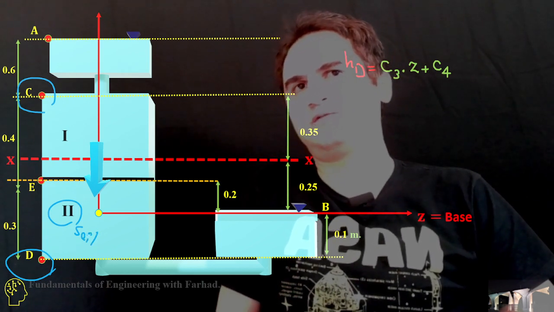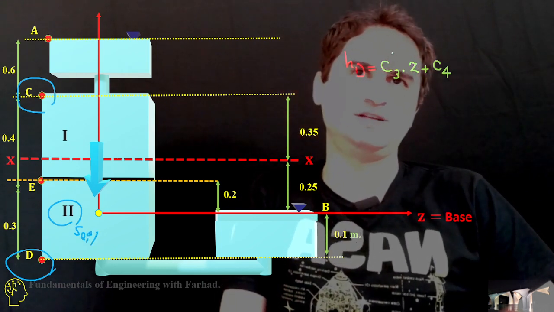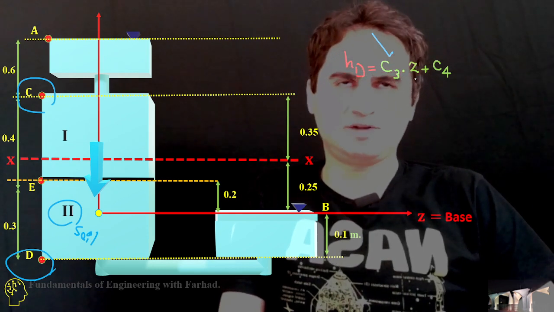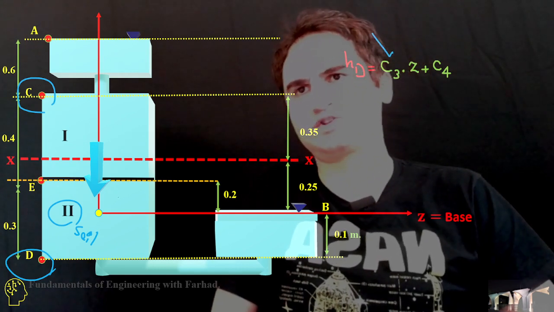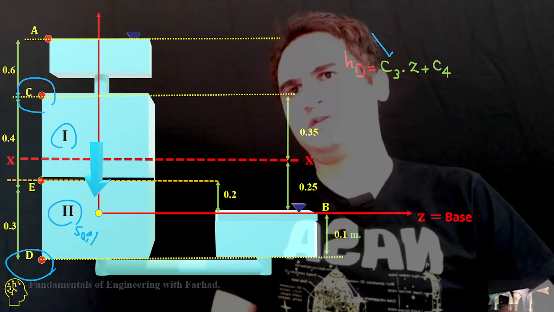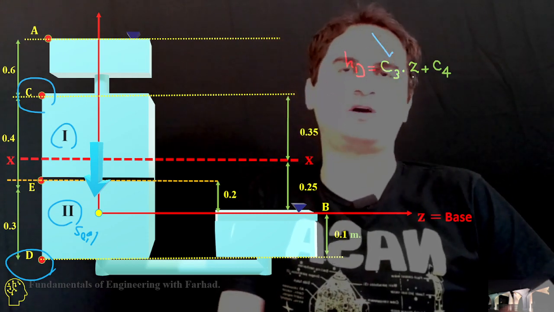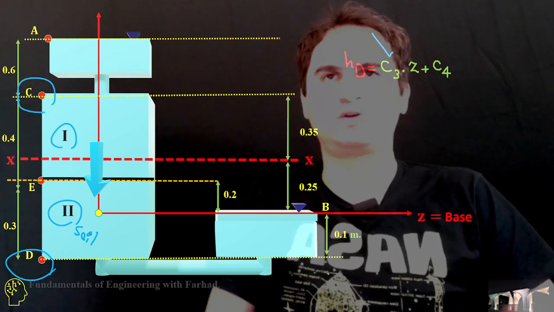Let's see what we have in terms of HD. It's c3 times z plus c4, because we are changing from soil 1 to soil 2, and our constants are changing, so two new constants.